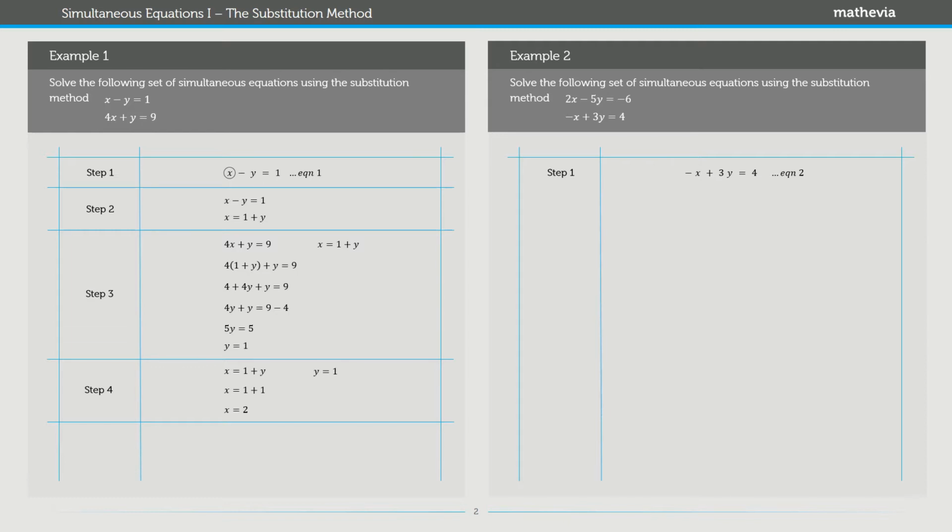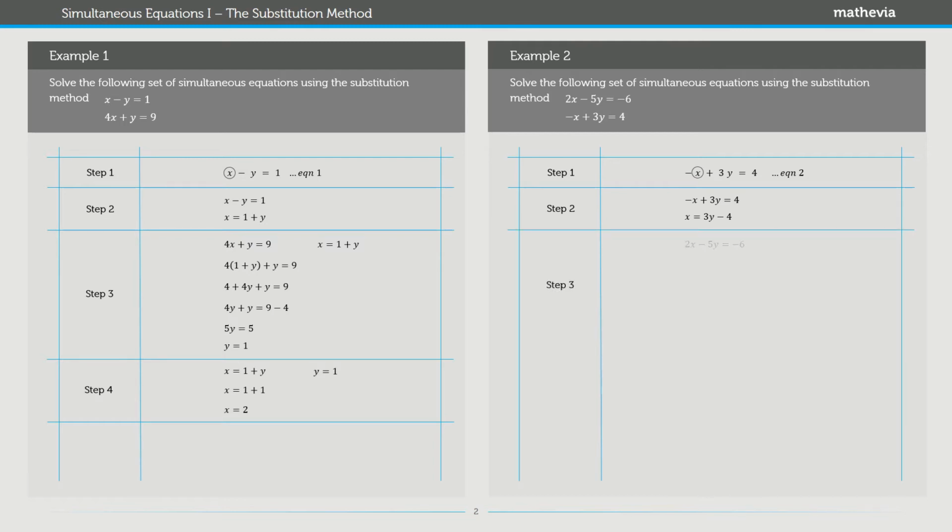I'm going to be working with equation 2 in this case, and I'm going to be working with x. Like I said, it could be either of the equations, either of the variables. So we've chosen equation 2, we've chosen x, and now we're going to make x the subject of formula in that equation. What we end up with is x equals 3y minus 4.